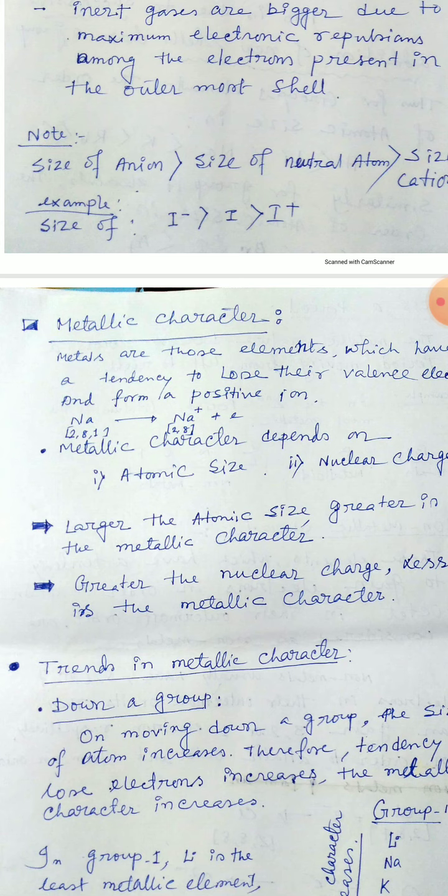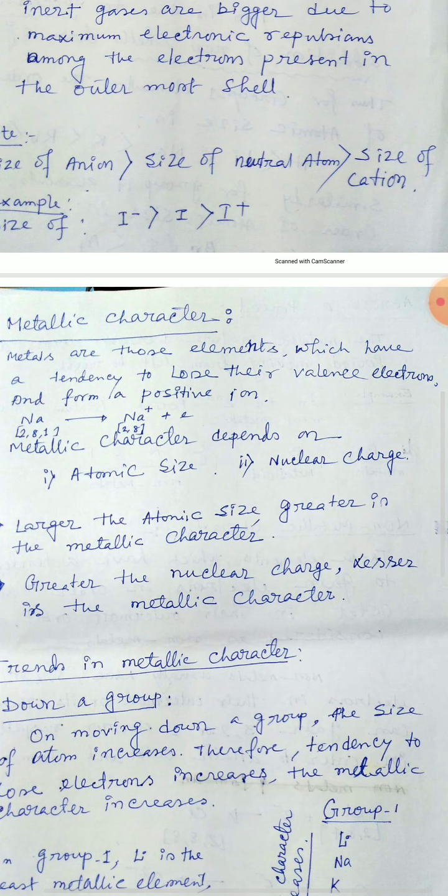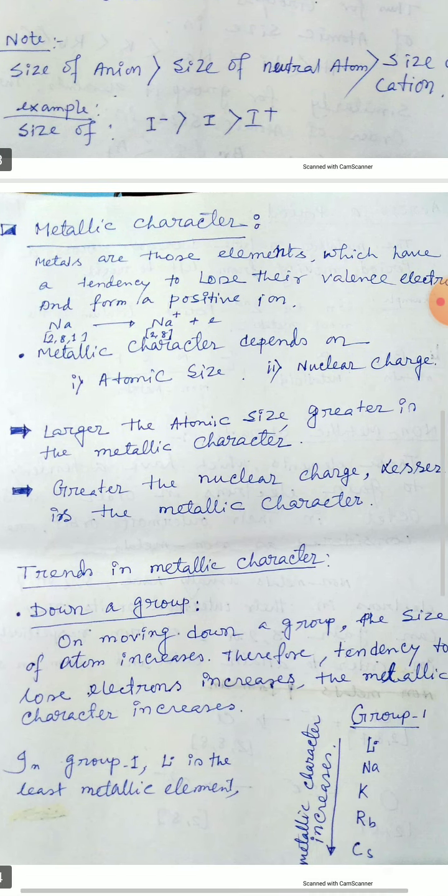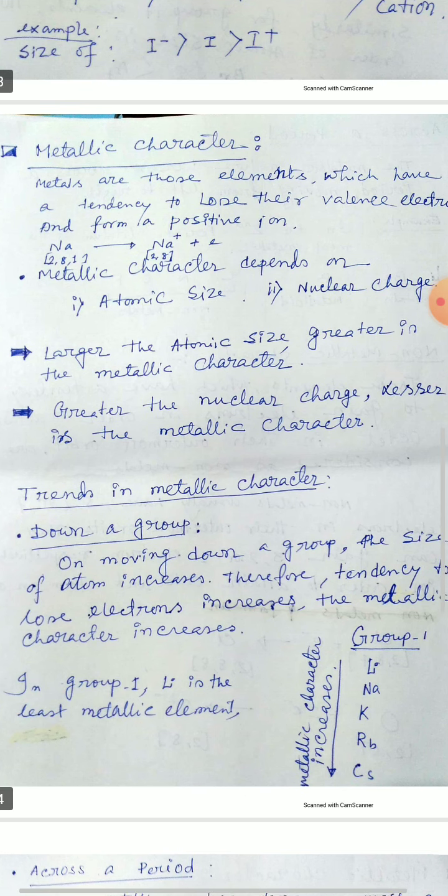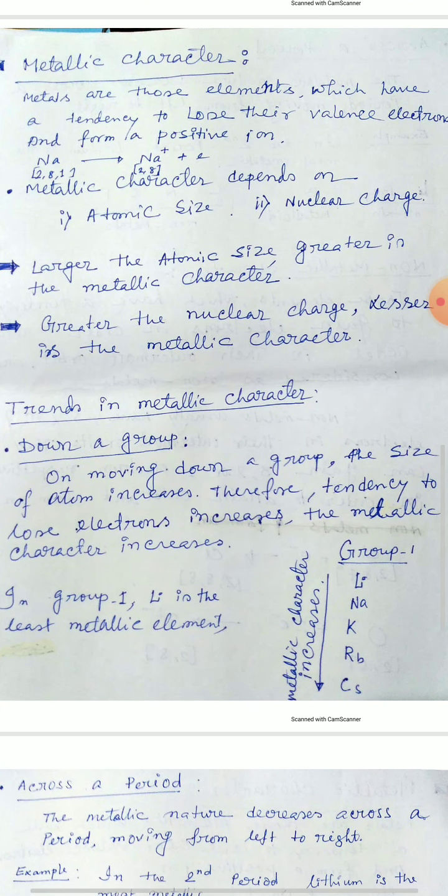Here you have to remember that metallic character depends on two factors: atomic size and nuclear charge. Metallic character means the tendency of losing valence electrons. We know that the larger the atomic size, the greater the metallic character.